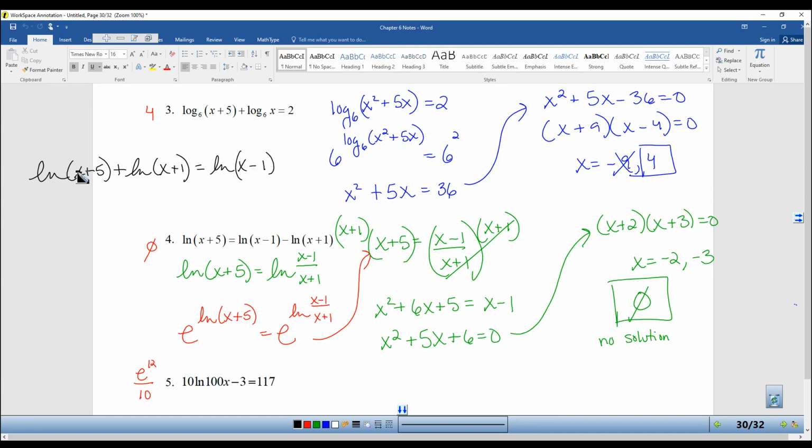Very, very clever. And then they just had to multiply those two. x squared plus 6x plus 5 is equal to natural log of x minus 1. And then that put them right back down here at this step, that this must be equal to this. So interesting concept there. If you can think of that, that's fantastic.